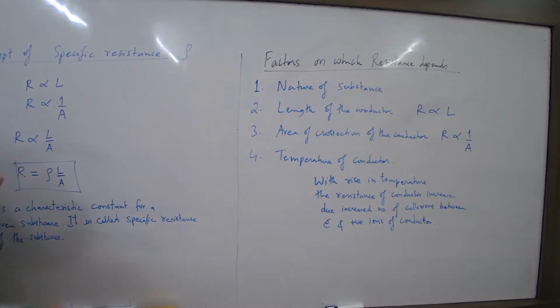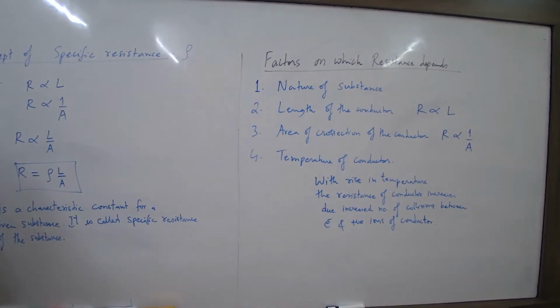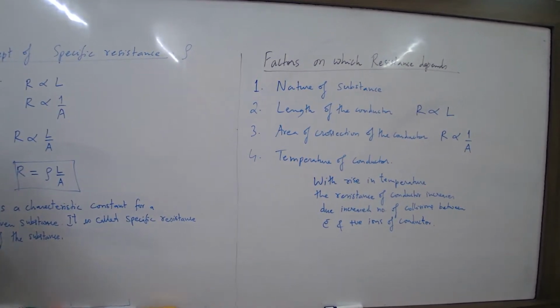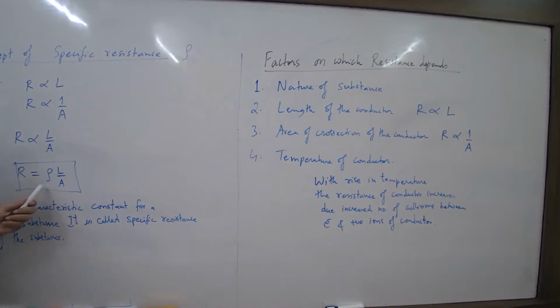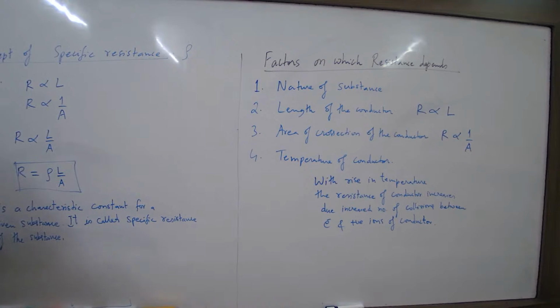It changes with its dimension. So what then does not change for a given substance, which is independent of the dimension? Specific resistance. Specific resistance for a given material is constant. It will not change with its dimension.